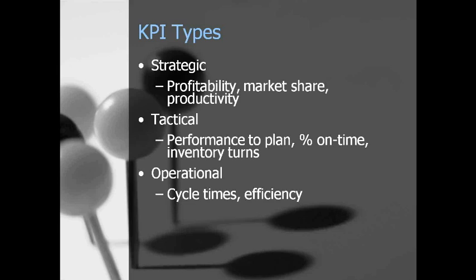What's the time it takes from receipt of order to closing out the order by getting paid for it? How efficient are we based on what we think we should be able to do, performance to our standards? So KPIs can fall in three different types: strategic, tactical, and operational.